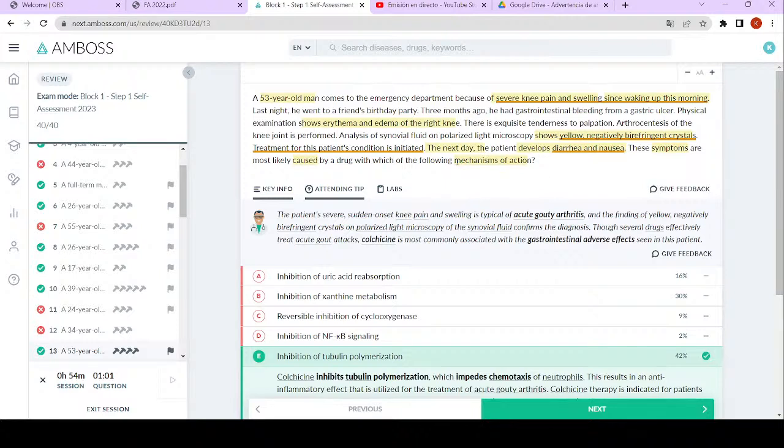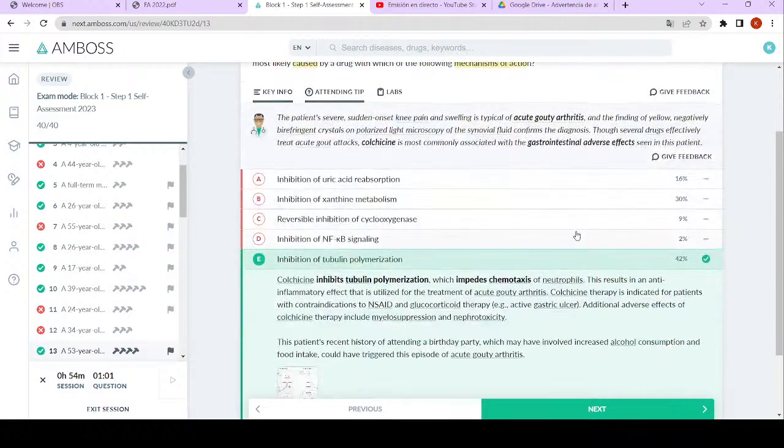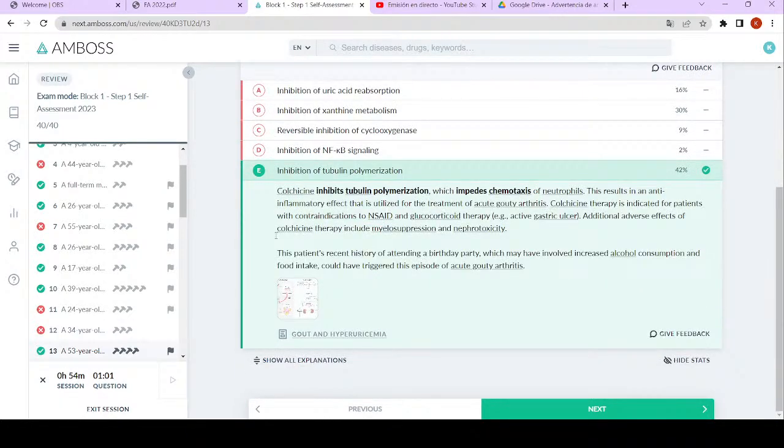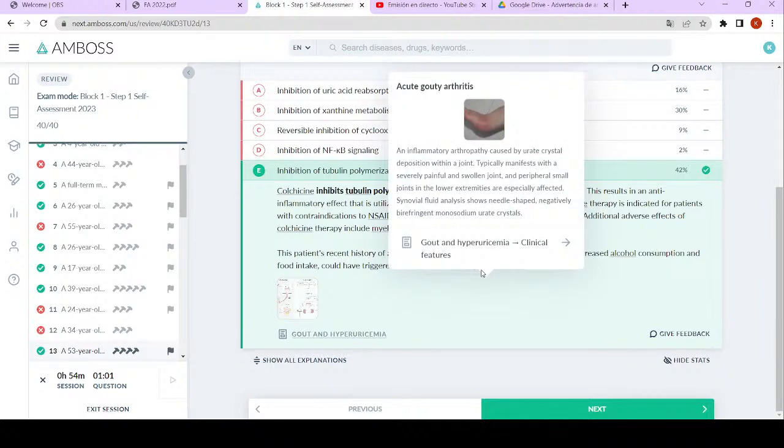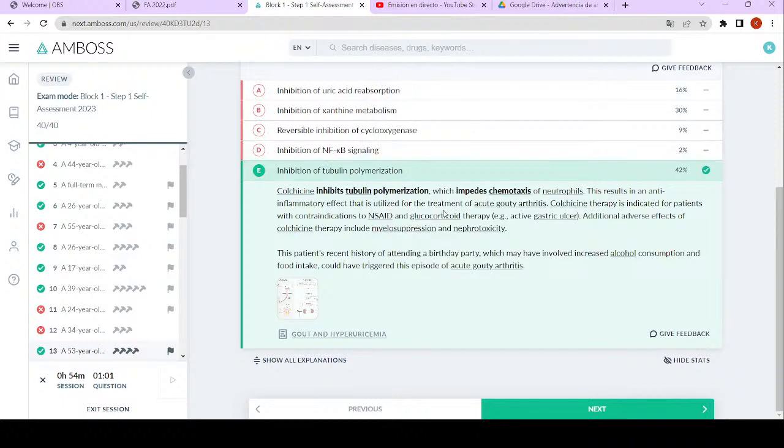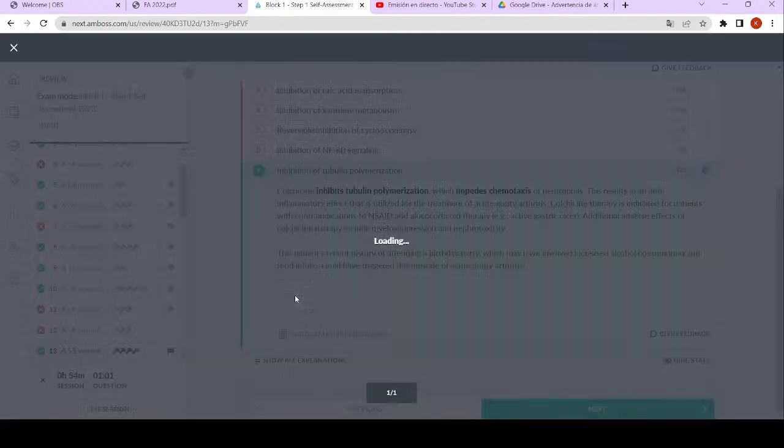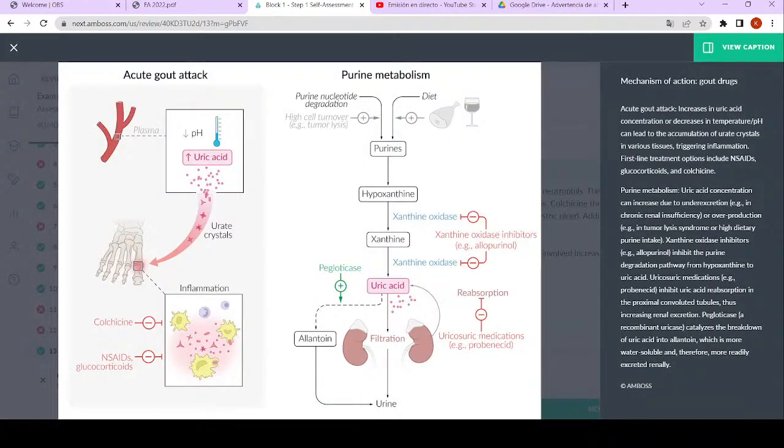So now you know that there's a patient that has an acute gouty arthritis. You can see for all the information they gave you, and for that reason, you categorize this as acute gout arthritis, so you need to use the acute gout drugs that are NSAIDs or colchicine, right?